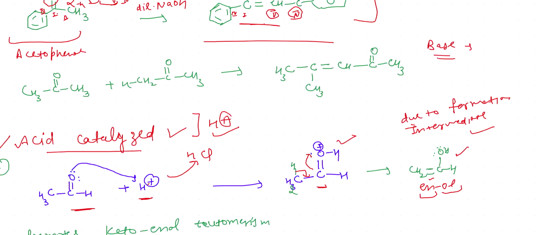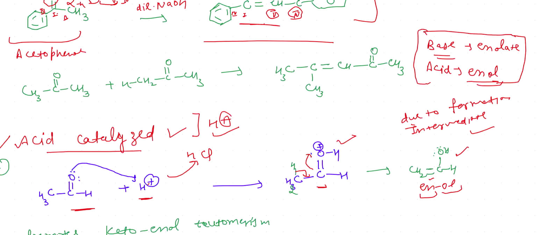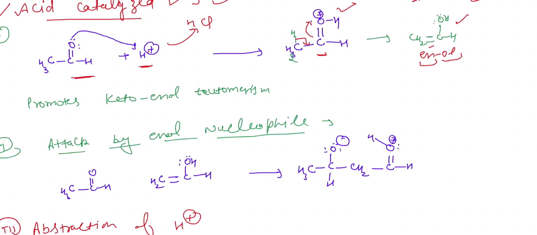But in case of acid catalyzed, the intermediate is enol. So just remember this difference. This is very necessary because this differentiates these both species, enolate and enol. So the formation of enol promotes nucleophilic attack.